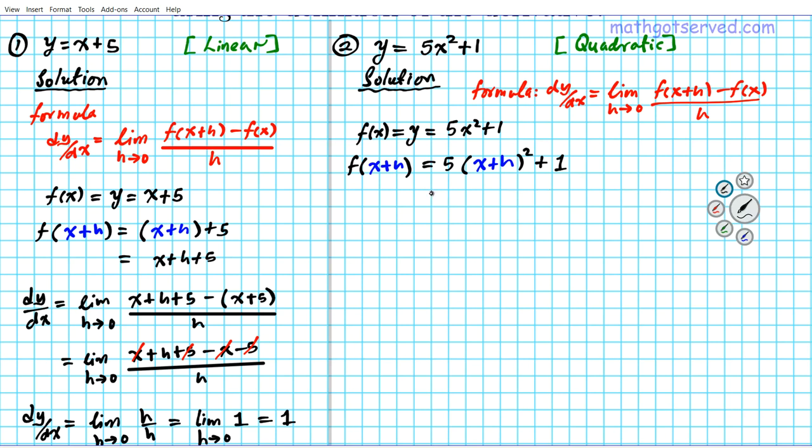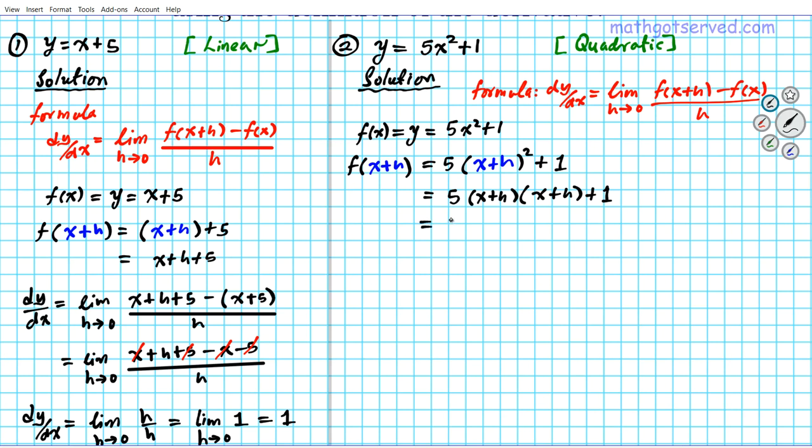Alrighty, so let's simplify, expand this. Quantity x plus h squared just means that we're going to multiply x plus h by itself twice. So you can FOIL that out, or you can use the shortcut, the formula for squaring binomials. That's what I'm going to use right now.